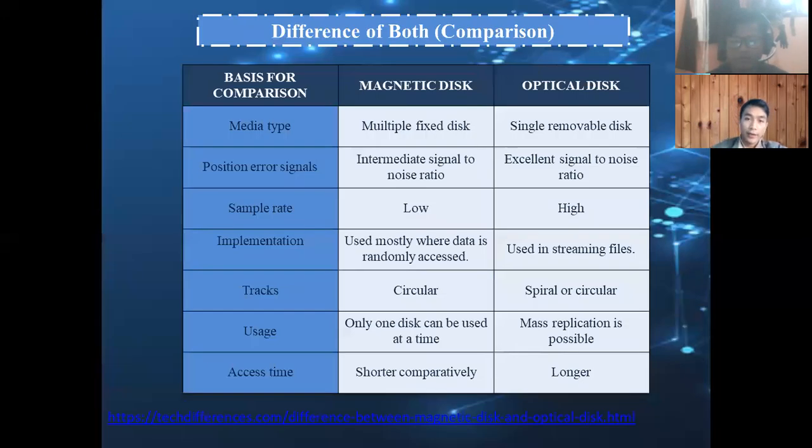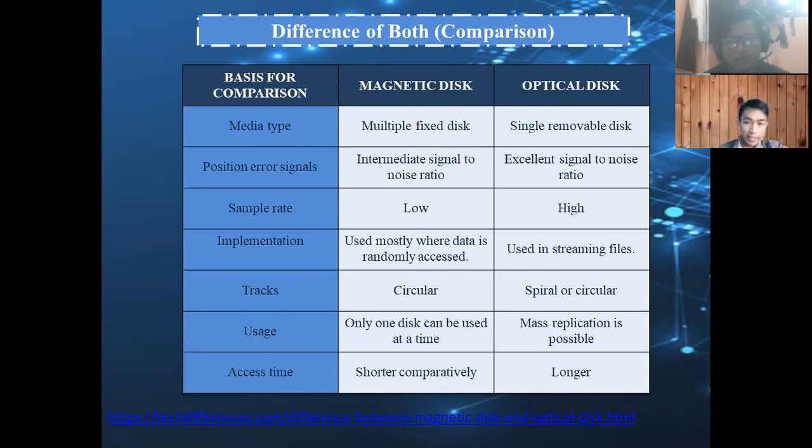Then, the differences of both will be compared with each other. Firstly, for the media type, magnetic has multiple fixed disks, and optical has a single removable disk. For the position error signal, magnetic has an intermediate signal, and optical has an excellent signal.